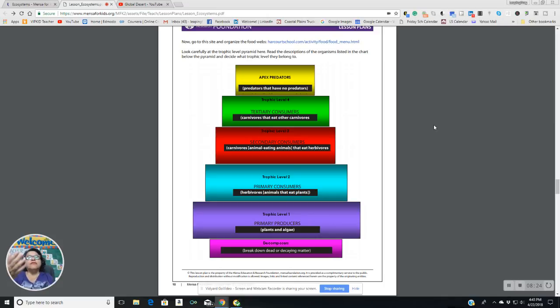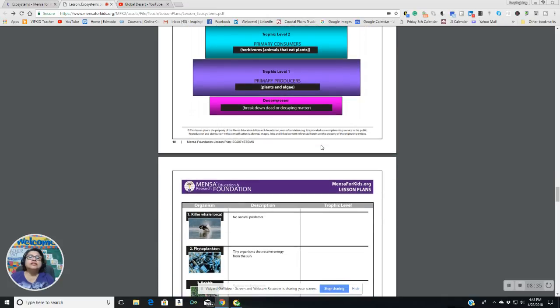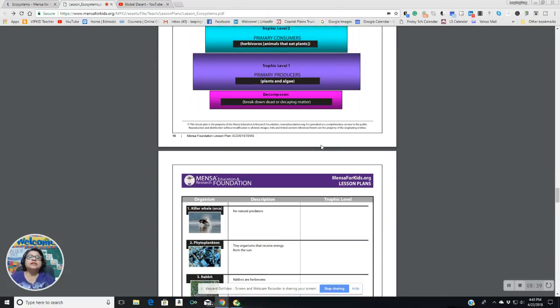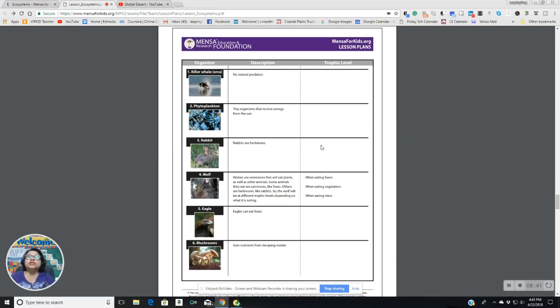So at the bottom of our food web, all of you know the different types of food webs, but it'll go into detail on what each level is. So what I ended up doing after this, there were pictures which were really cute. This is a killer whale. They ask, does it have any predators? And no, it does not have any predators.